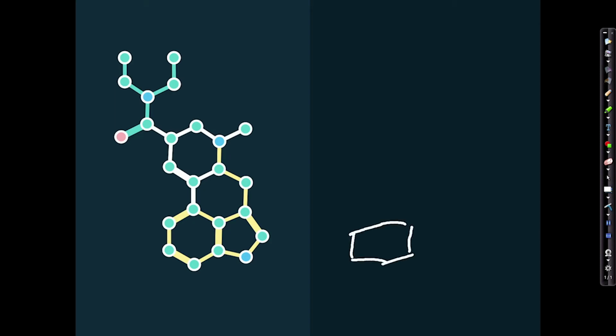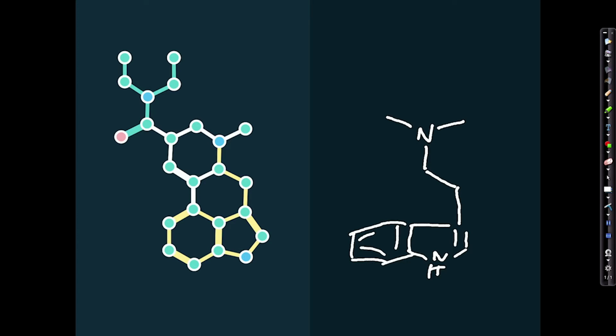So we start with the phenyl, which we then complete to form the indole ring, as usual. Then we add our two carbons, 1, 2, and the nitrogen, and there's even a methyl group here. So this is starting to look almost like DMT, right? It's a tryptamine. It has the tryptamine chain.